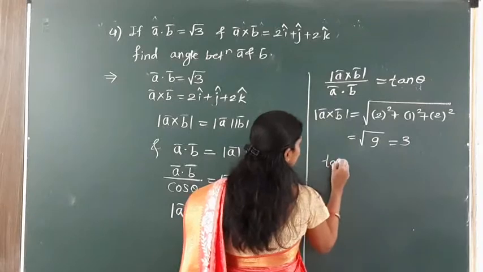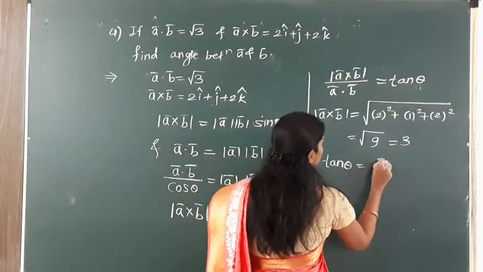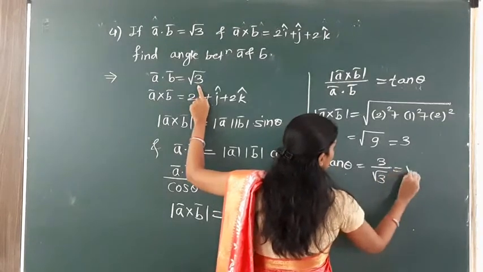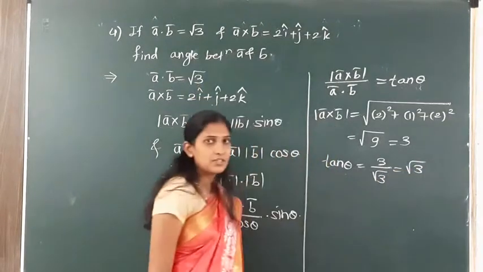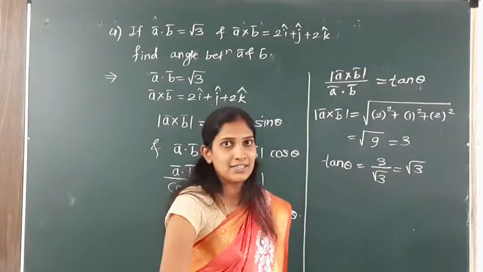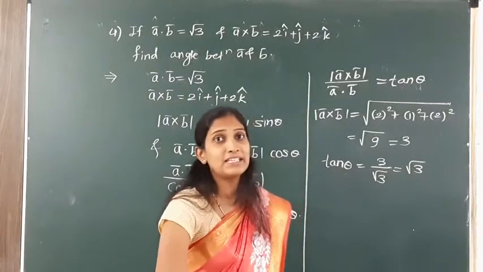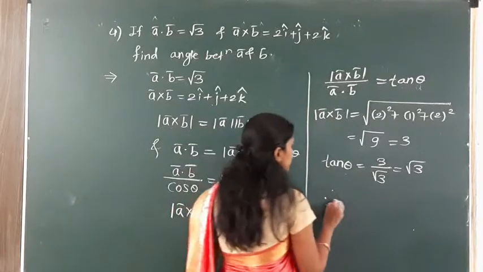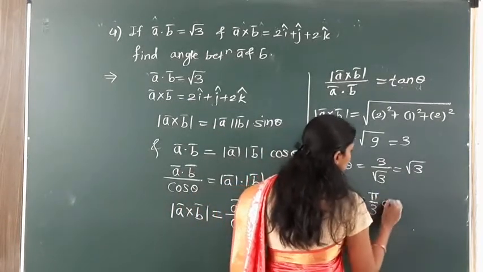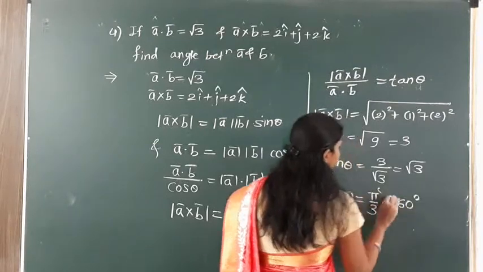So tan theta is equal to 3 divided by a bar dot b bar, which is root 3, so its value is root 3. Root 3 is the value of tan of which angle? It is 60 degree, that is pi by 3. So here theta is equal to pi by 3 or 60 degree.